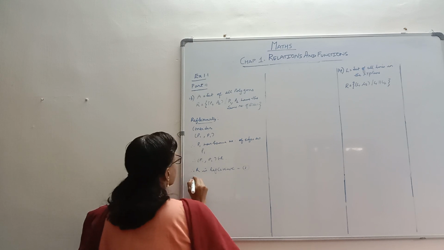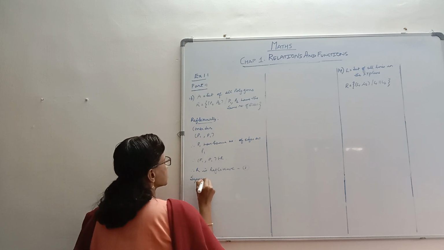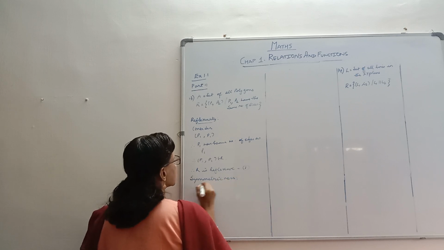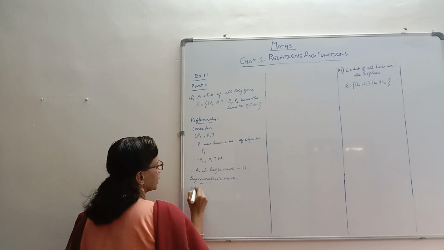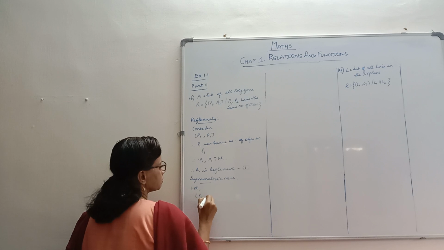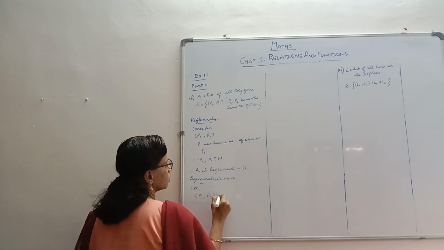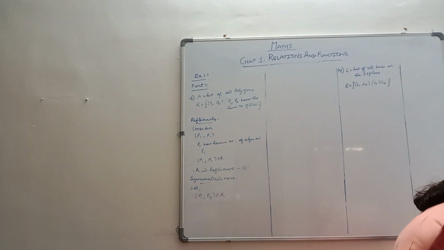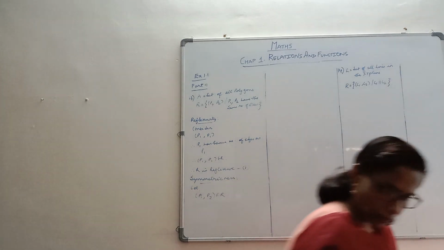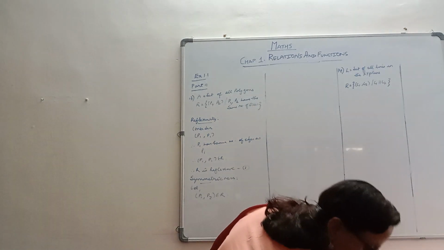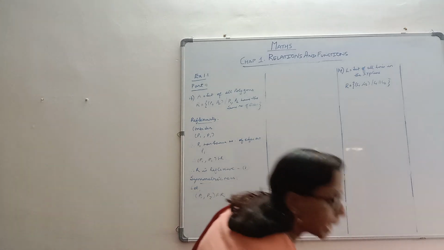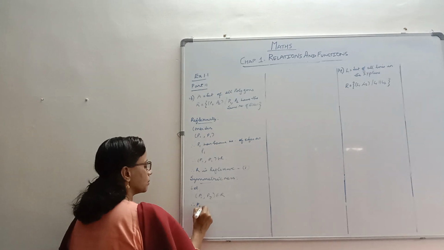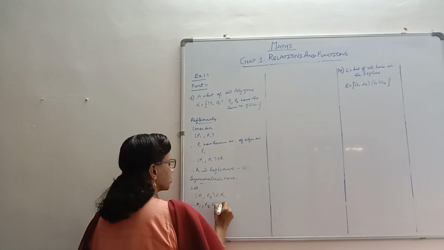Right, then we go in for symmetricness. Now let P1, P2 belong to R. What does the relation say? That if it belongs to R, P1 and P2 will have the same number of edges. So P1 comma P2 has the same number of edges.